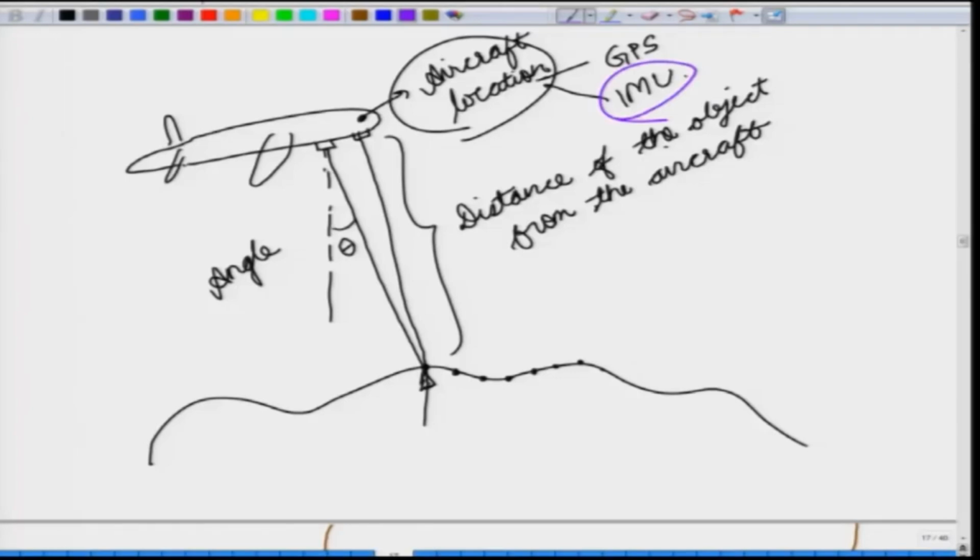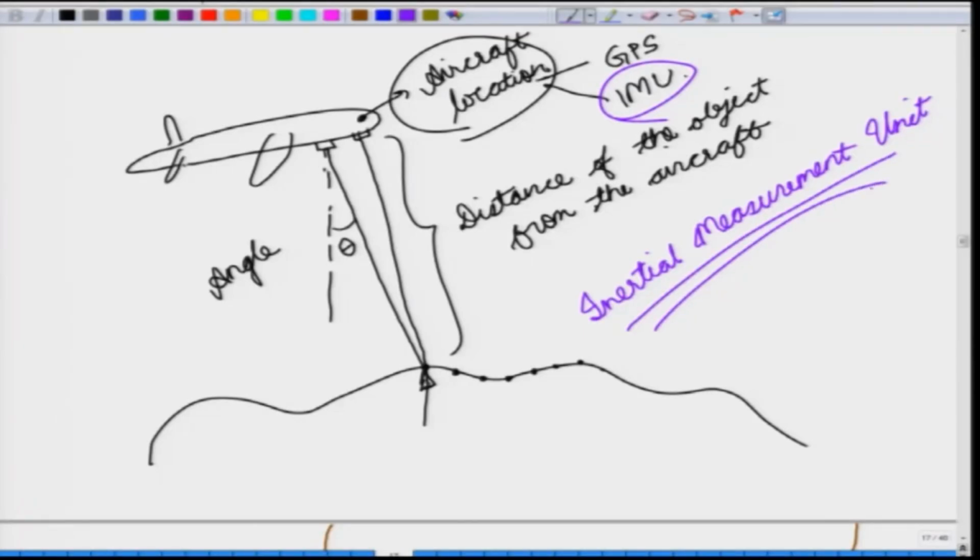Now, the second thing that you make use of is an IMU. IMU refers to an inertial measurement unit. Typically this is a chip, a system on a chip, with which you are able to find out if it is lying flat or if it is tilting on any of these axes, what the speed of this object is, and what the accelerations are in different directions.